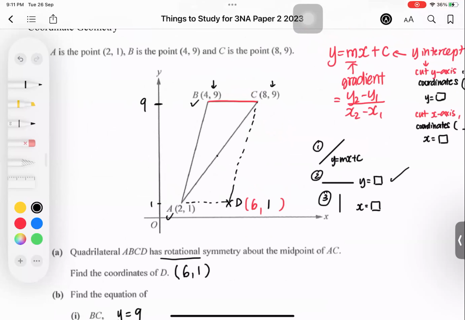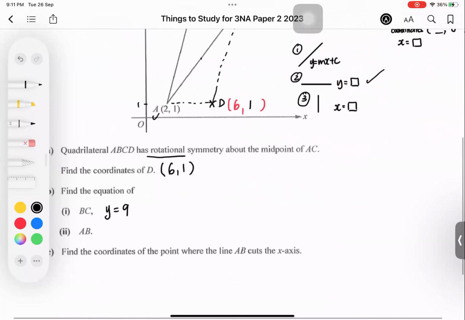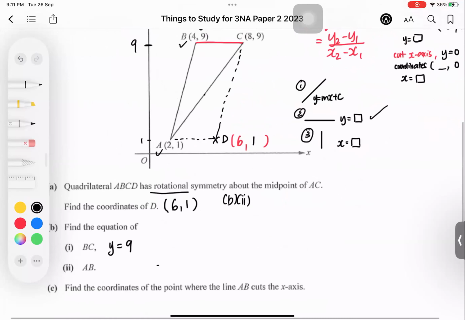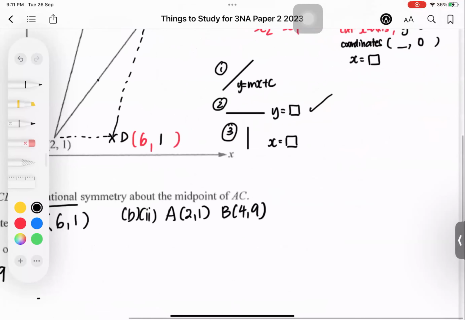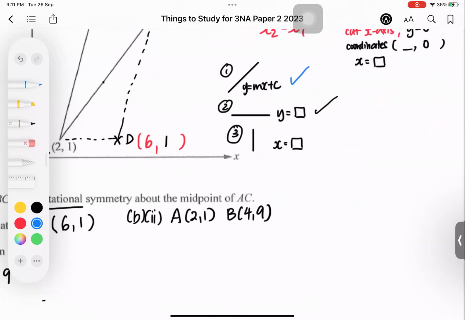This is a slanted line. So to find the equation of a slanted line, I'll do my part B, part 2 here. I need the 2 points. A is the point (2, 1). B is the point (4, 9). So if it's a slanted line, that means I need to use this one over here. Y equals to mx plus c.